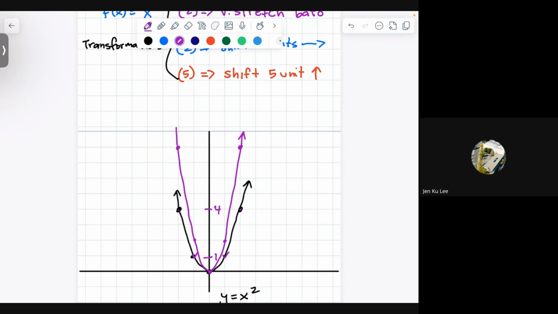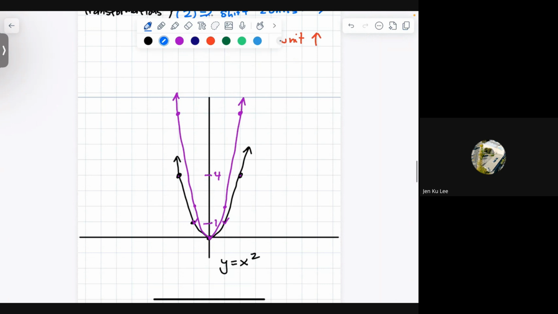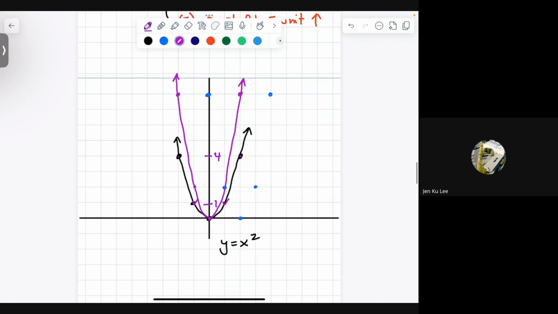So that would stay the same. So actually, my purple parabola would be y equals 2x squared.